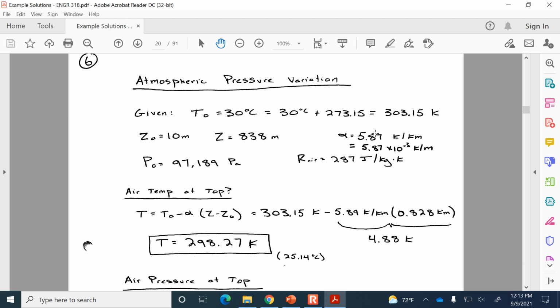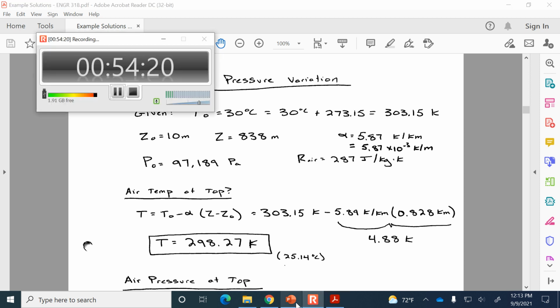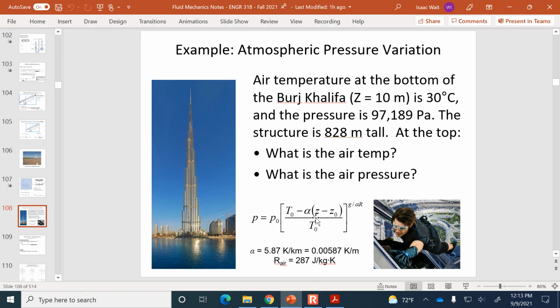And alpha is given in terms of degrees per kilometer, but let's convert that into degrees per meter, because in this formula we're going to be multiplying alpha by a distance in meters. So the delta Z in here is 828 meters.